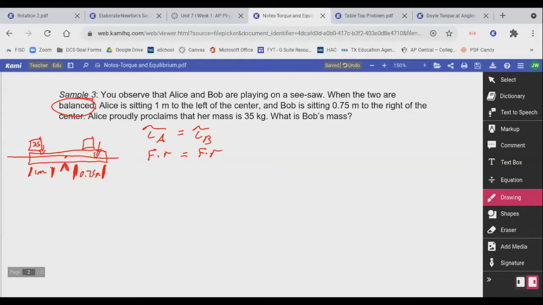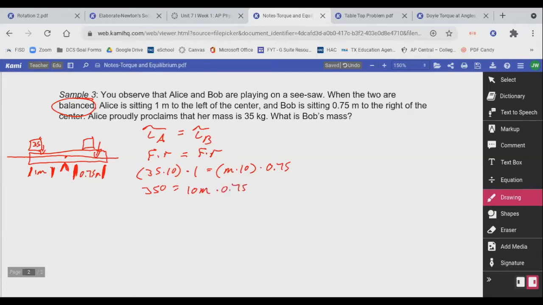So for Alice, the force for Alice is simply going to be her mass, 35, times gravity, which is 10. That gets us a force. And then her radius is 1. And then for Bob, we don't know his mass, so I'm going to put in m times 10 times his radius of 0.75. 35 times 10 is going to be 350, is equal to 10m times 0.75.